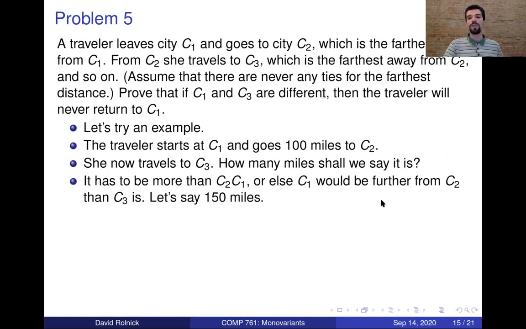Because otherwise C1 would have been further from C2 and we would just go right back to C1, or to some other city that's even further away. So let's say it's 150 miles.